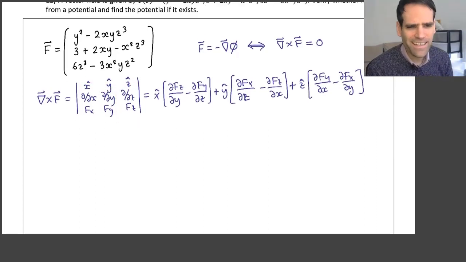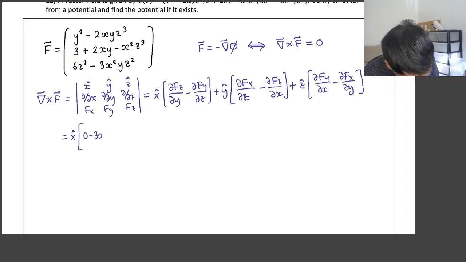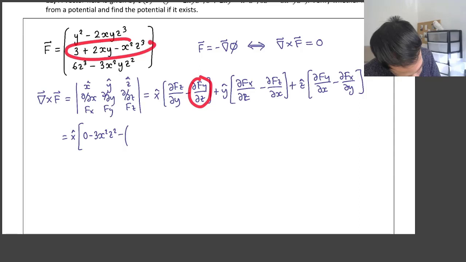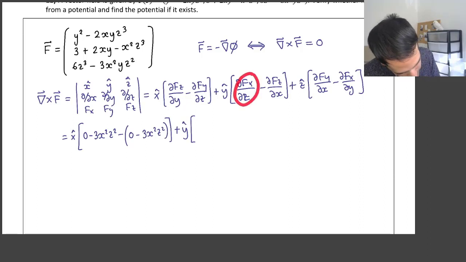So let's start calculating our partial derivatives. Partial of fz with respect to y. Minus partial of fy with respect to z. Plus y hat times partial of fx with respect to z.